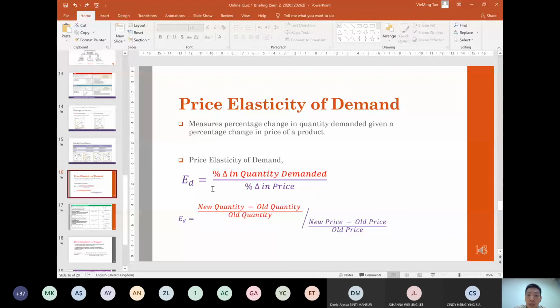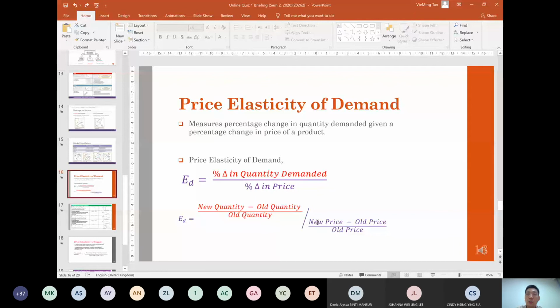For the percentage change in quantity demanded, you can further extend the formula. The red part is equal to the new quantity minus the old quantity, divided by the old quantity. And for the denominator, the percentage change in price is equal to the new price minus the old price, divided by the old price.